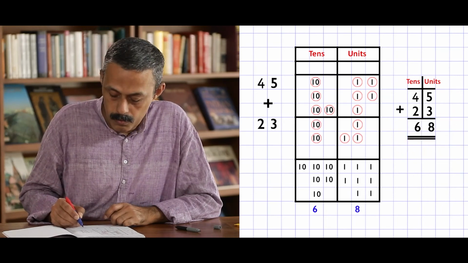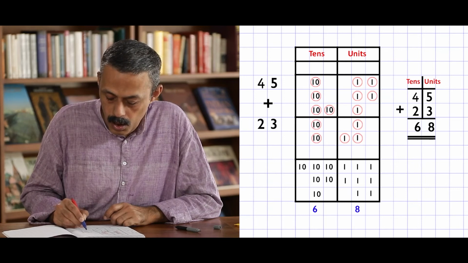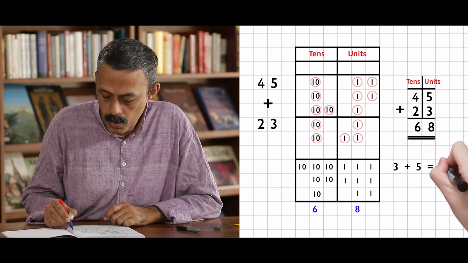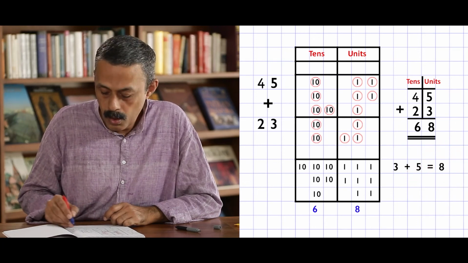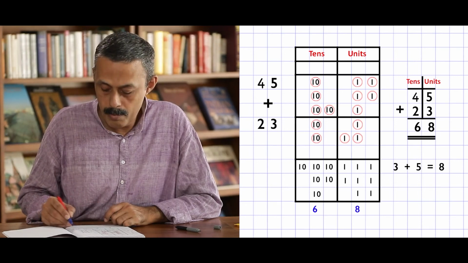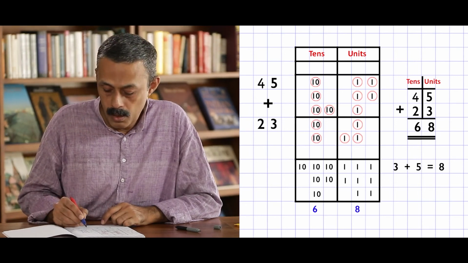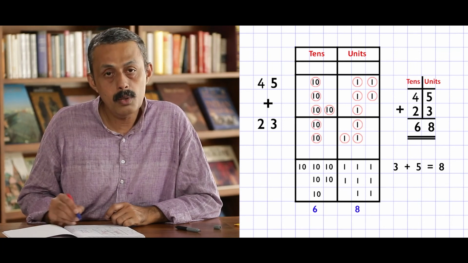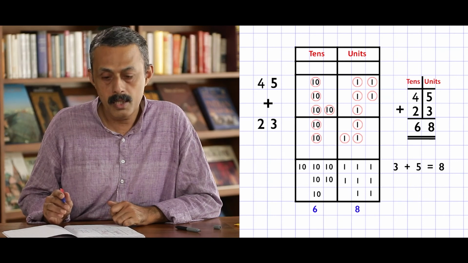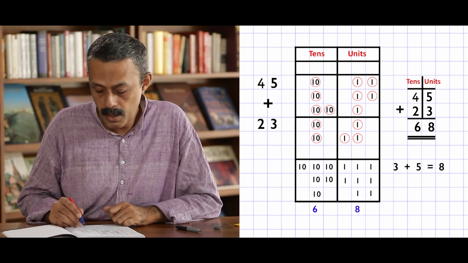In the concrete stage, we had done the addition in this way also, right? That is 3 plus 5 is equal to 8. Meaning, we did the addition in a horizontal pattern. Following this method of writing, it is advisable while adding single digit numbers.